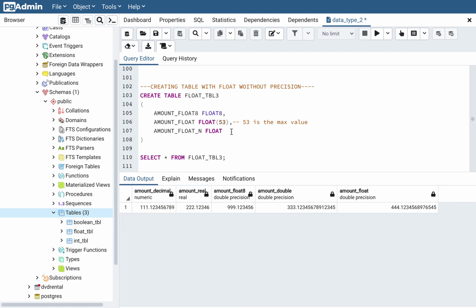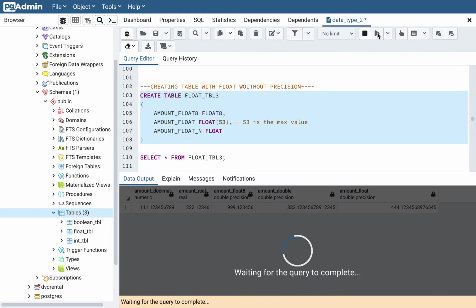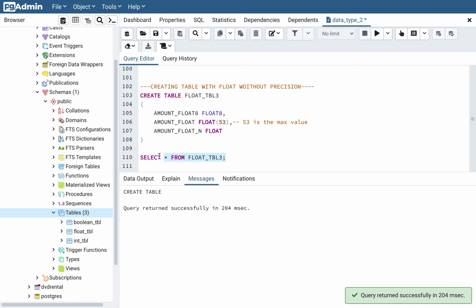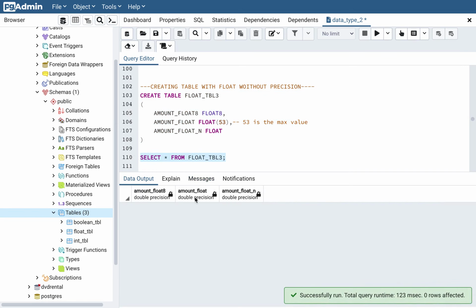But what if I only create float without any precision, without any n number of bits? Is it possible? Let me execute it and show it to you. Definitely it is possible. Now let me execute this table and let's see what the value is.